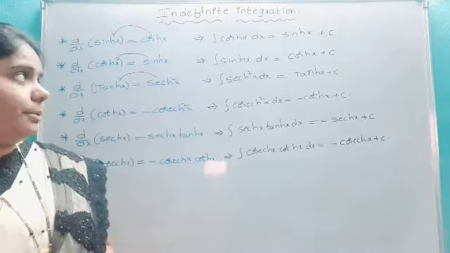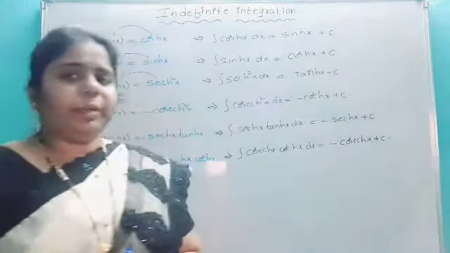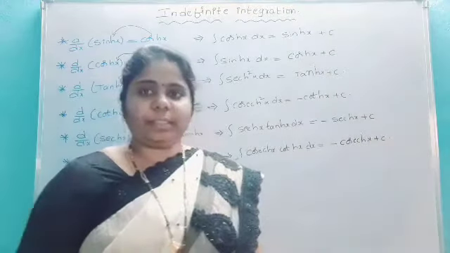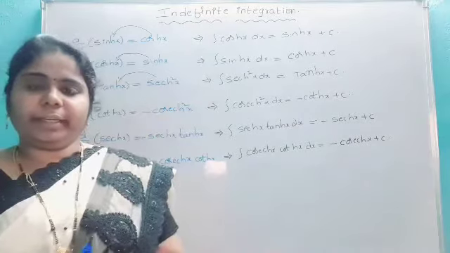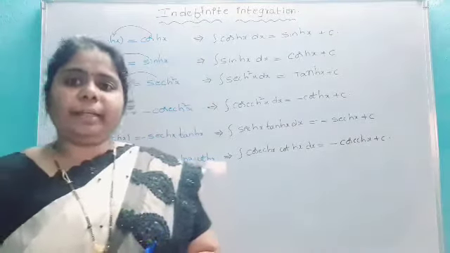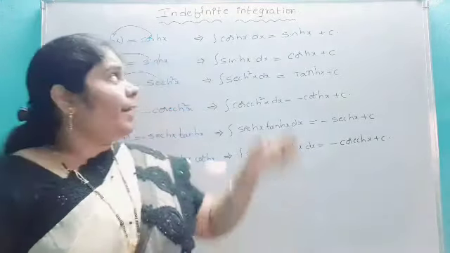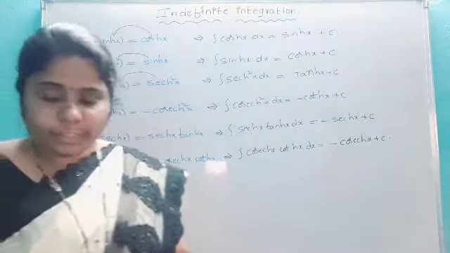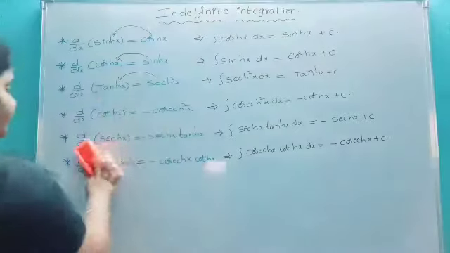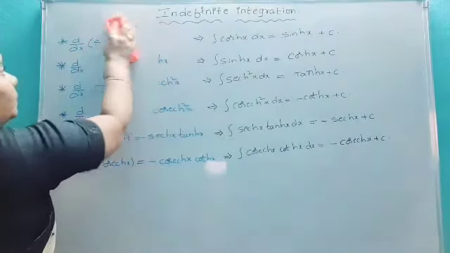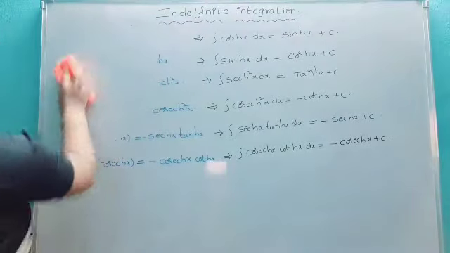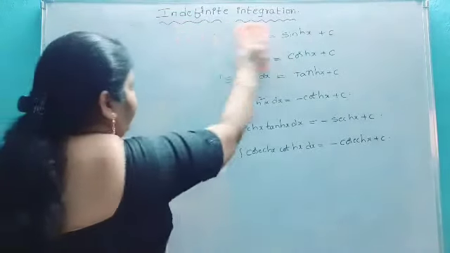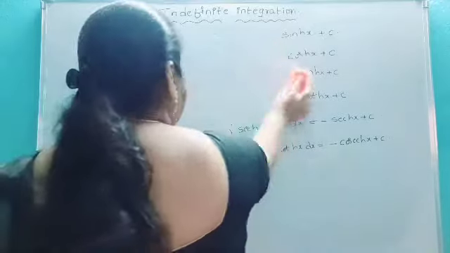Okay. Next, every time we are adding the integral constant. Why are we adding the integral constant, and why is this integration called indefinite integration? We will discuss that now. Every time we keep adding c.